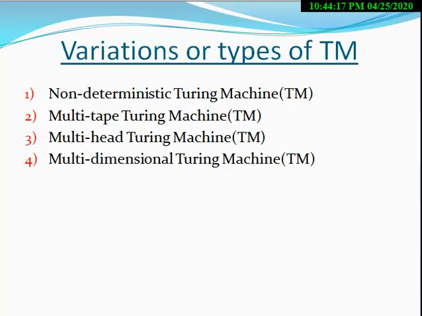Now, the variations of the Turing machine are the following. The first variation is non-deterministic Turing machine. Second is the multi-tape Turing machine. Third is the multi-head Turing machine. And the fourth is the multi-dimensional Turing machine.